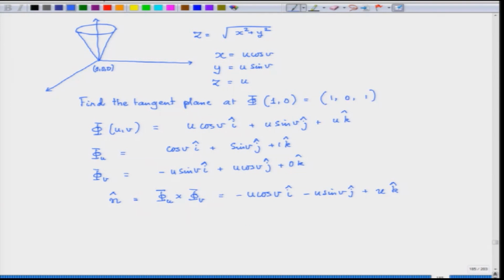and this vector is non-zero when u is non-zero. So, if u is equal to 0, then everything is 0 0 0, then there is no tangent plane, it does not make sense because n hat is 0. So, we have to consider tangent planes only in those cases where n hat is non-zero.